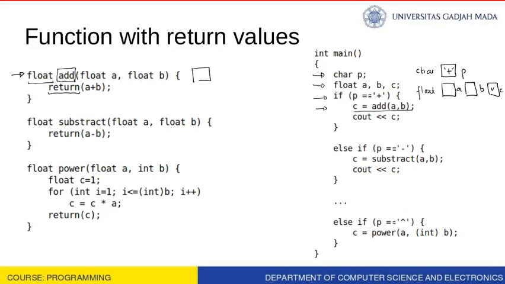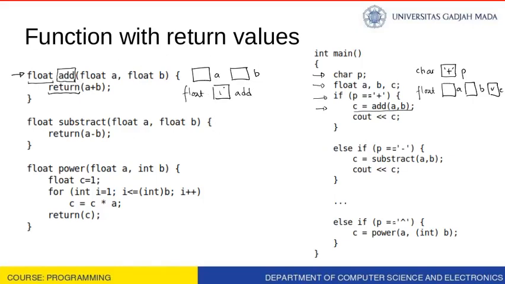So I have a and I have b with the type of float, and also I have one more variable which will store the value of the function add. So I will give it the same name as the function add, and the type is float.